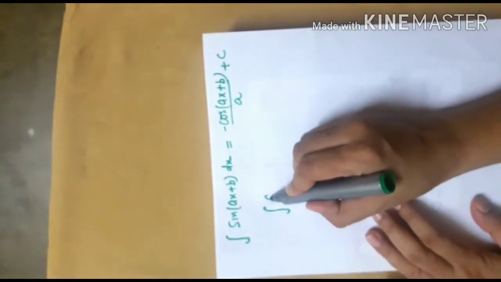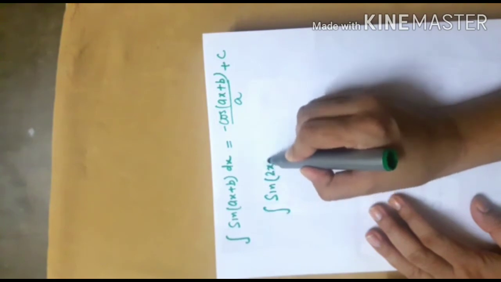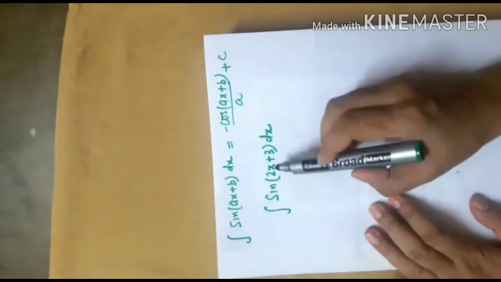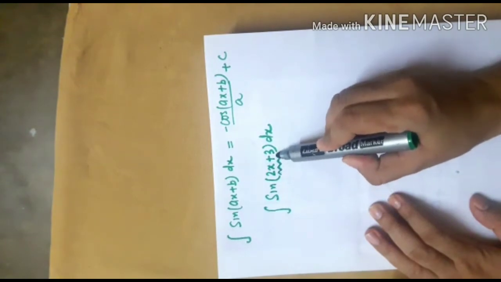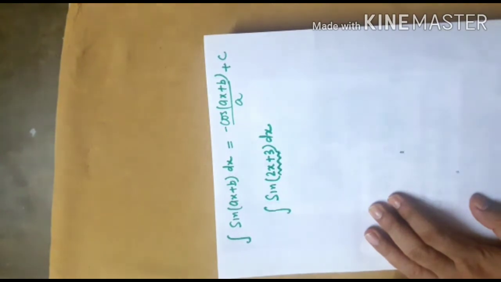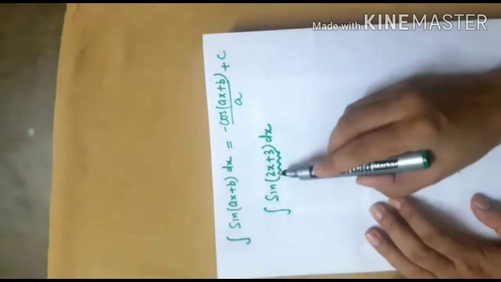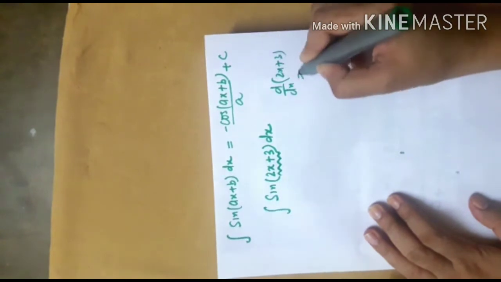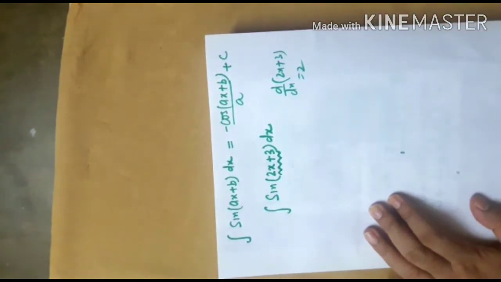So the working rule is, if I need to compute the integral of sine(2x plus 3) dx, first note that the derivative of this inside function should be a constant. Yes, the derivative of 2x plus 3 is equal to 2, which is a constant.